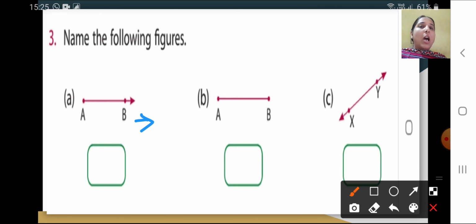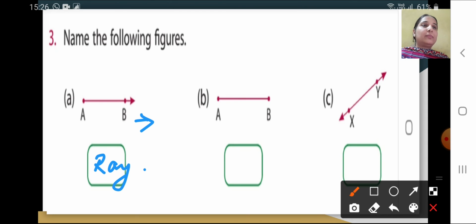Okay? So what will this figure be called? Is it a line segment or a ray? Yes, it is a ray. So we will write ray here. Okay? Now number B. What is this figure? Can you tell me? Is it a line, a ray, or a line segment?